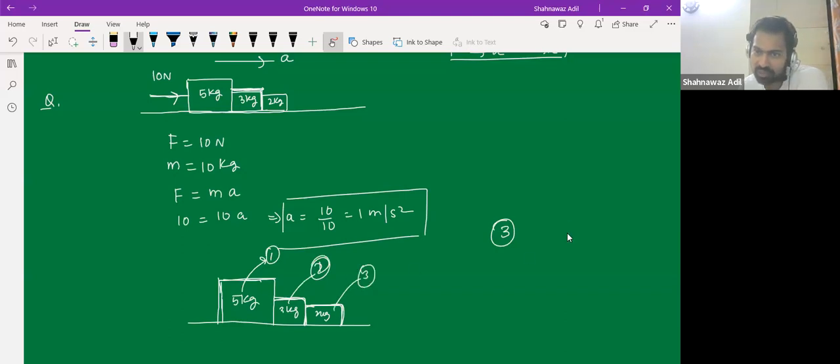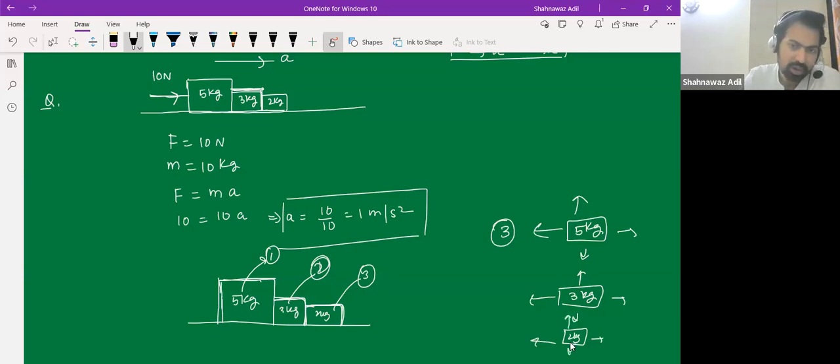We will make a free body diagram for the 5 kg block, for the 3 kg block, and for the 2 kg block. We'll see how many forces are acting on each one. So tomorrow we'll write.